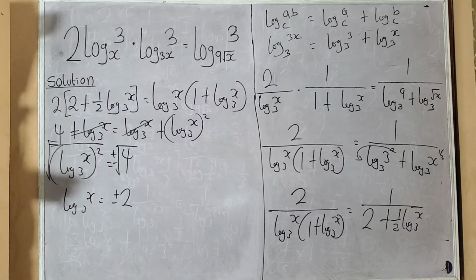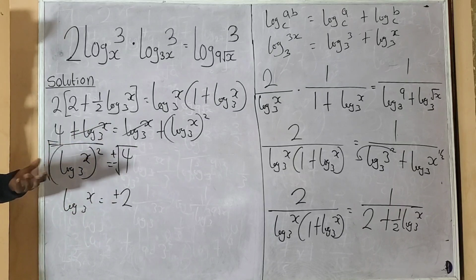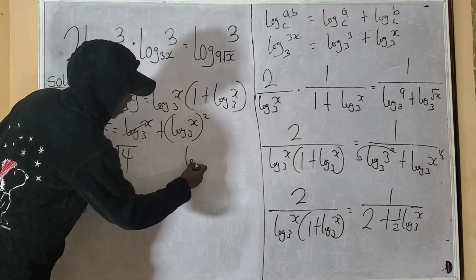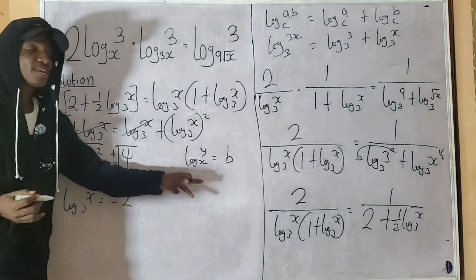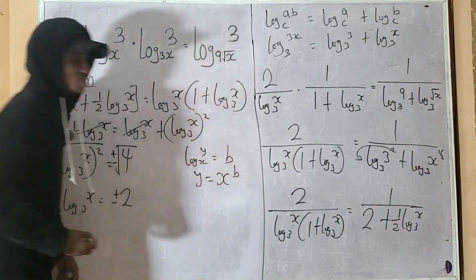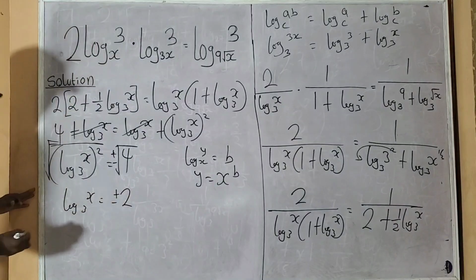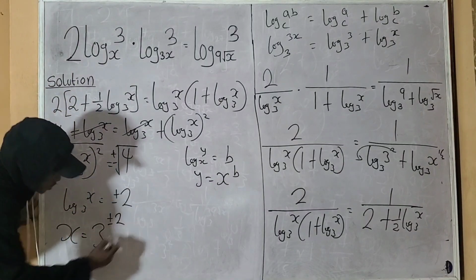Now, if you want to get the value of x, what are you going to do? You just have to change this to index form. If you have log_x y equals b, this is in logarithmic form. In index form, it can be written as y equals x raised to the power of b. Do you understand? So here, x will be equal to 3 raised to the power of positive or negative 2.